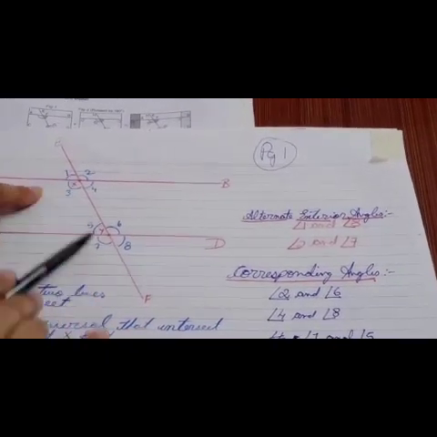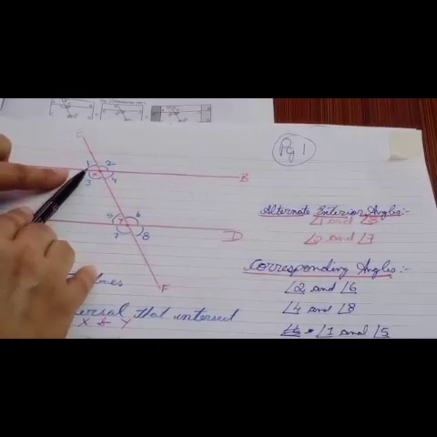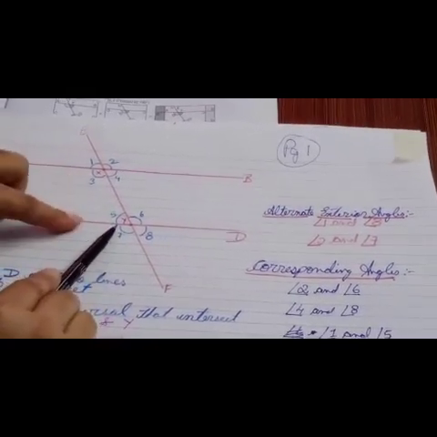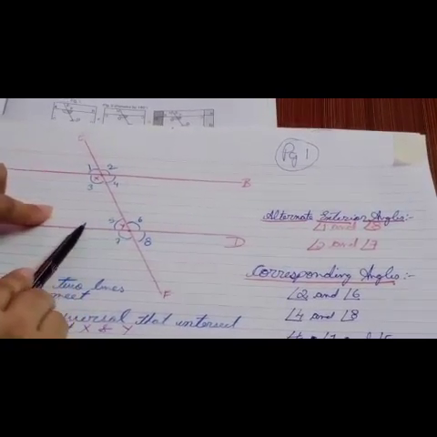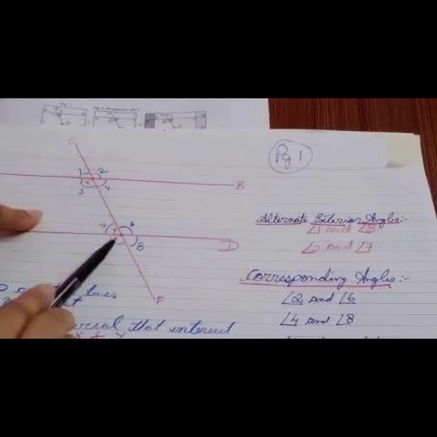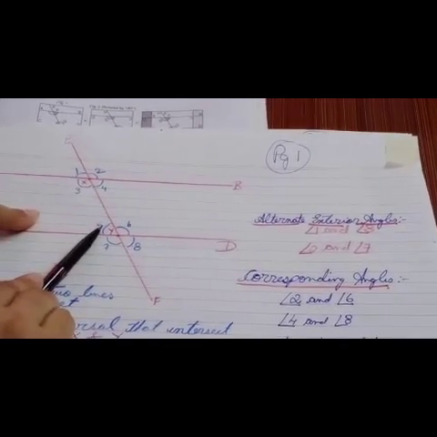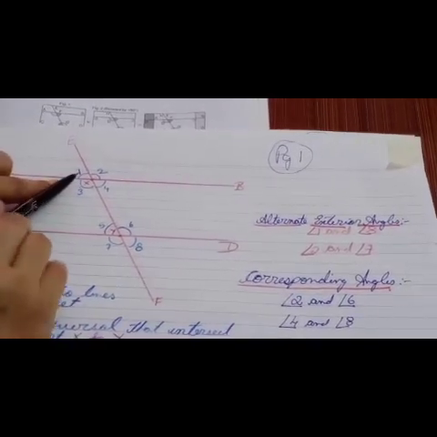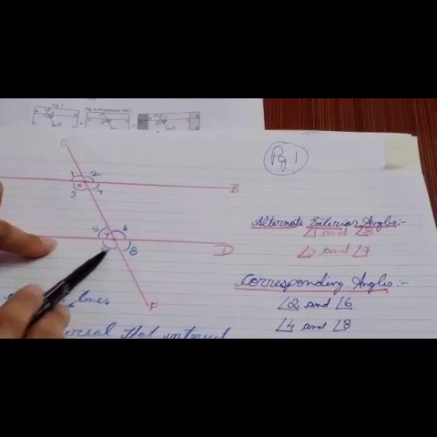Again, come to this side children, the left hand side of the transversal. Angle 1 is equal to angle 5. Angle 1 is exterior, angle 5 is interior, but they are on the same side of the transversal. So these two angles are equal. Again, look here, angle 3 is equal to angle 7.